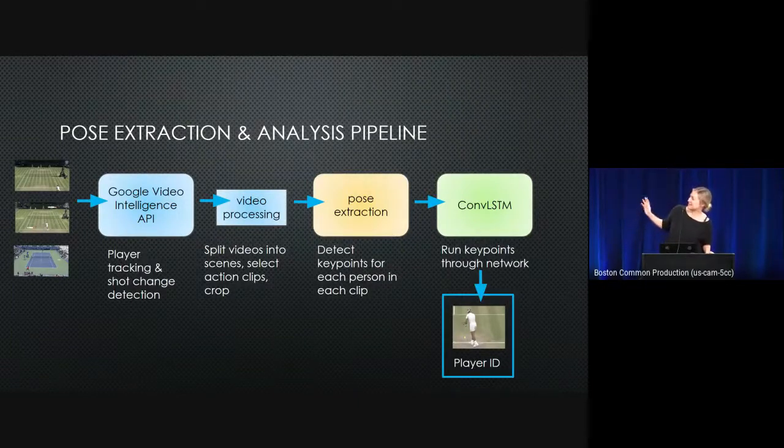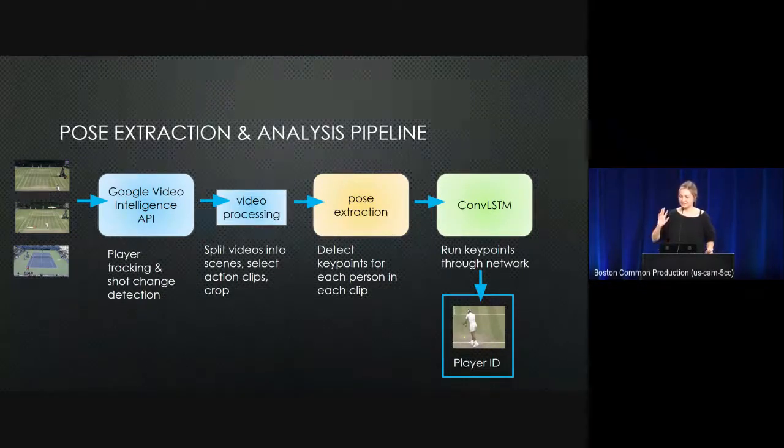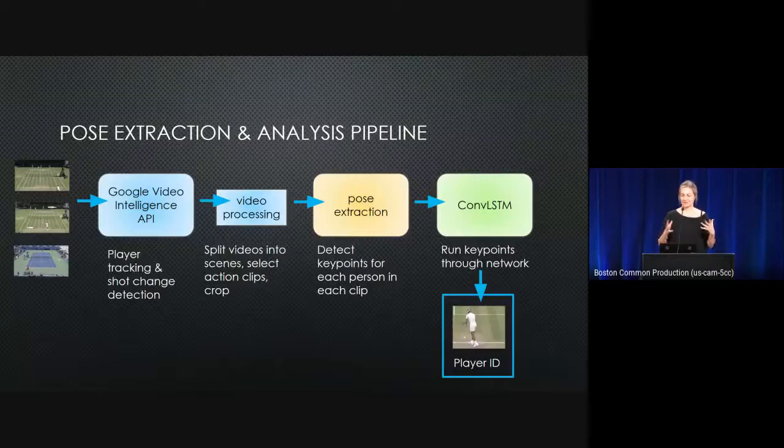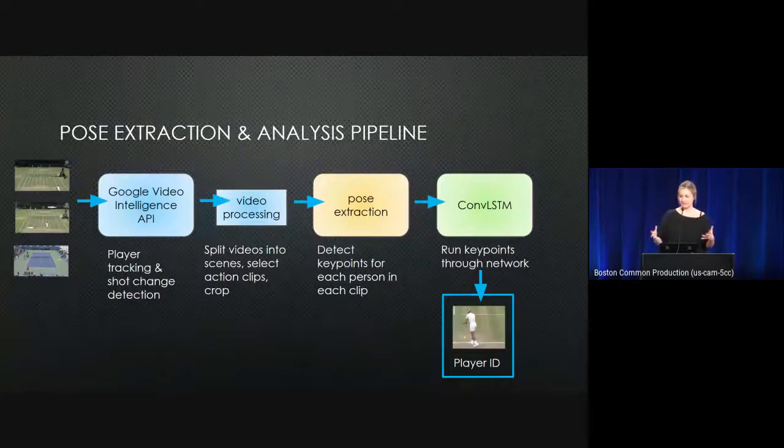Starting at the very first thing you're seeing here with the Google Video Intelligence API, taking these tennis videos off of Wimbledon. They're broadcasts. These are not special cameras that were set up in the stadium with the purpose of tracking the players. They are simply to show a televised tennis match to a large global audience.